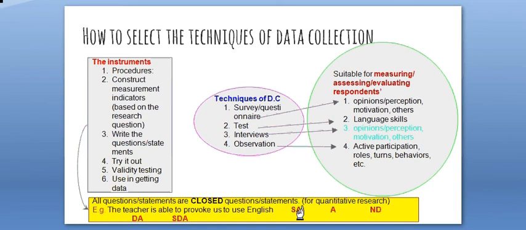Strongly agree is 5, for example, agree 4, not decided 3, disagree 2, strongly disagree 1. Then later on, as another step, you can calculate the central tendency and do further analysis in terms of your statistical analysis.